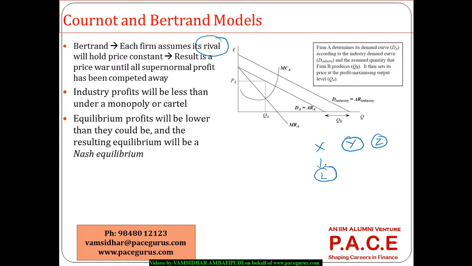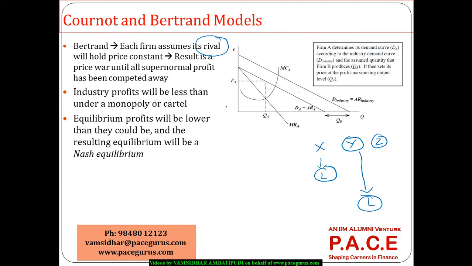Now Y will assume that X and Z are going to stick to their price, so Y will set a price which is lesser than that in some time. So there is a price war getting set, which means the supernormal profits are directly eaten away as a part of the competition. The industry profits are going to go much, much lesser.